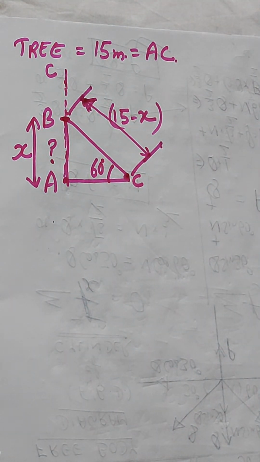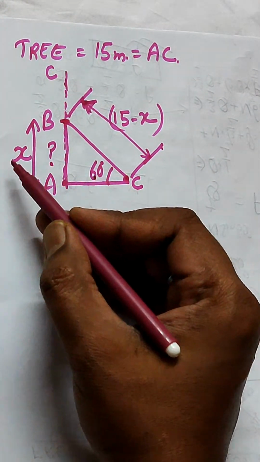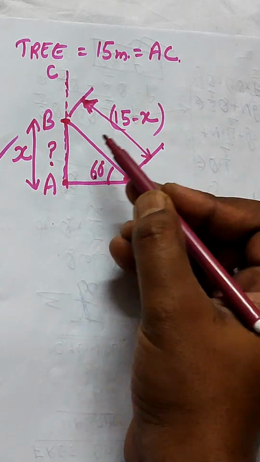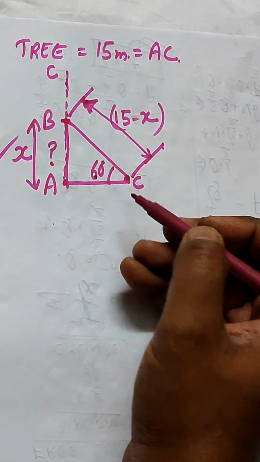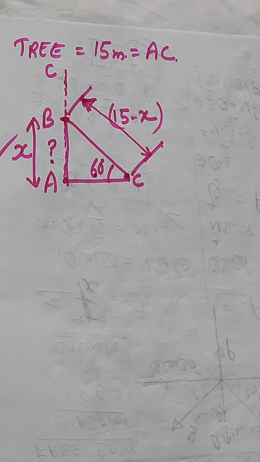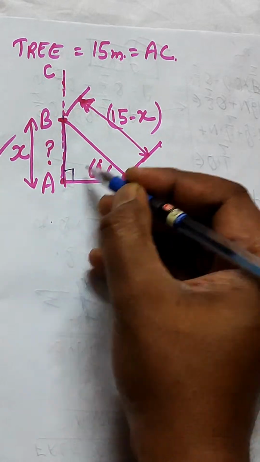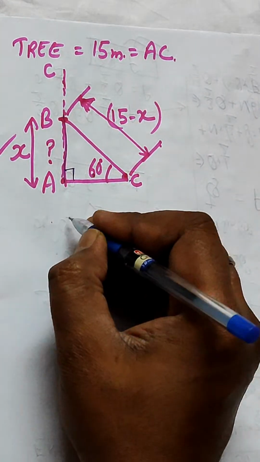Now, you can just take the relation between this and this, that means AB and BC. To find out the relation between AB and BC, that means perpendicular and hypotenuse, that is sine.